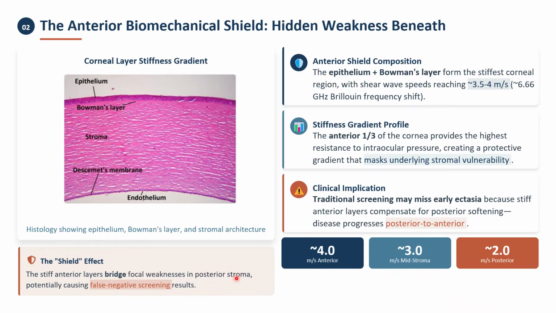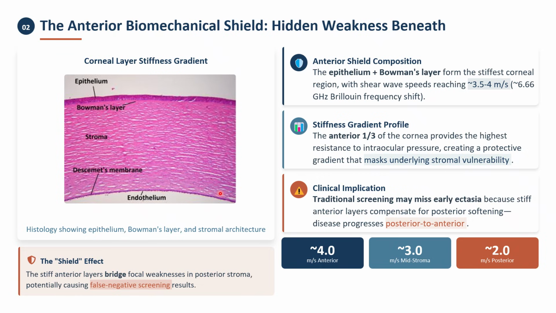As I said, this OCT elastography shows the different layers of the cornea, but not this time layer by layer as in the structural OCT. It shows them according to the stiffness gradient, and they found that the stiffness is much higher in the outer part of the cornea. The stiffness is greatest in the epithelium and Bowman's layer, decreases in the stroma, and is minimal in Descemet's membrane and the endothelium.